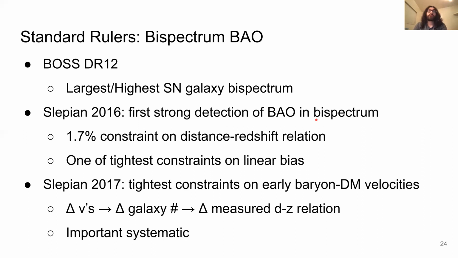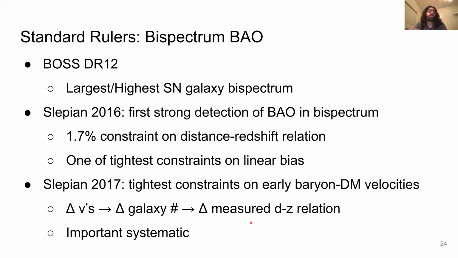And then also using the bispectrum, they were able to put the tightest constraints on early baryon dark matter relative velocities, which is important because these early relative velocities between baryon and dark matter, right after the decoupling, so right after the BAO is formed or so, any uncertainties in that velocity can change the number of galaxies that end up forming, and that will mess up the actual measured distance redshift relationship.